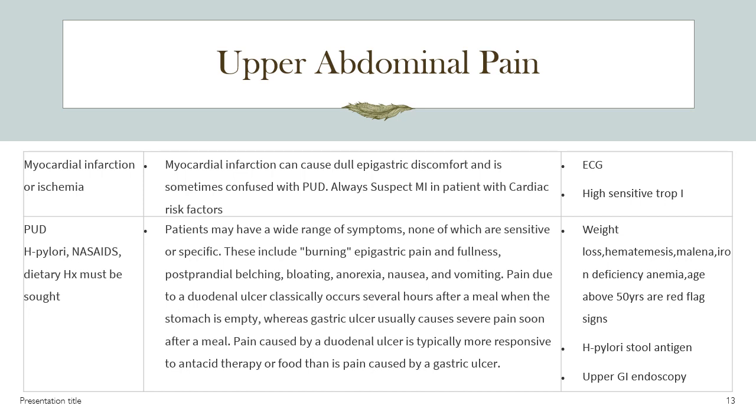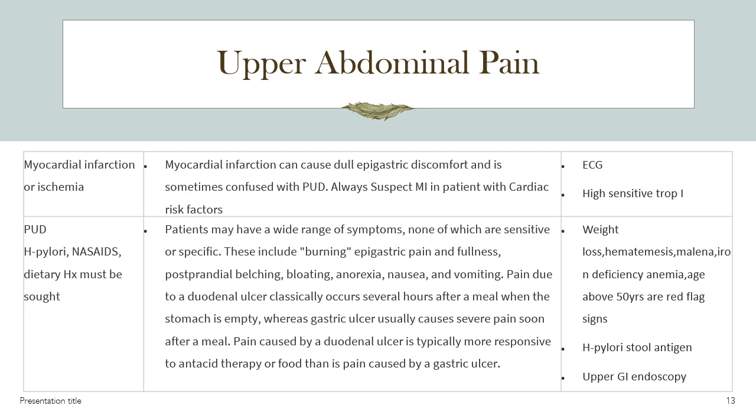The second thing that you most commonly encounter in a patient with upper abdominal pain is peptic ulcer disease, which is either secondary to H. pylori or NSAIDs, or due to some dietary causes. That patient will present with some burning, tearing, or dull epigastric pain, along with abdominal fullness, postprandial bloating, anorexia, nausea, and vomiting.